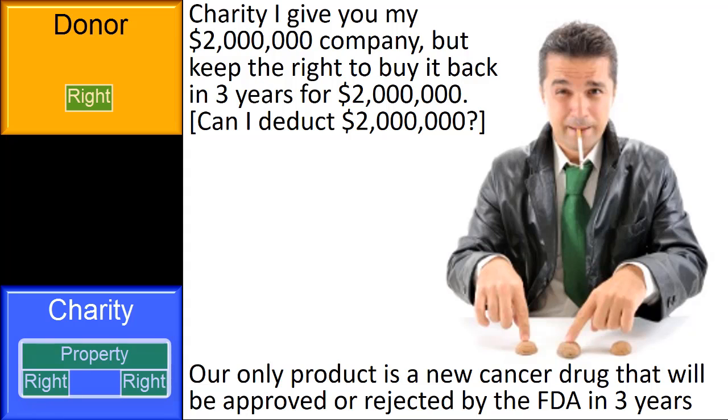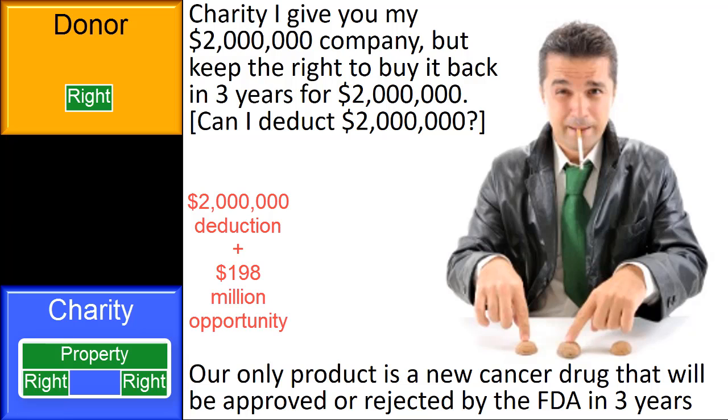If the partial interest charitable gift were deductible, the donor could guarantee a $2 million deduction, worth nearly $1 million in reduced tax payments depending upon the donor's income and state of residence, and still retain the repurchase rights to capture the potential $198 million of gain.